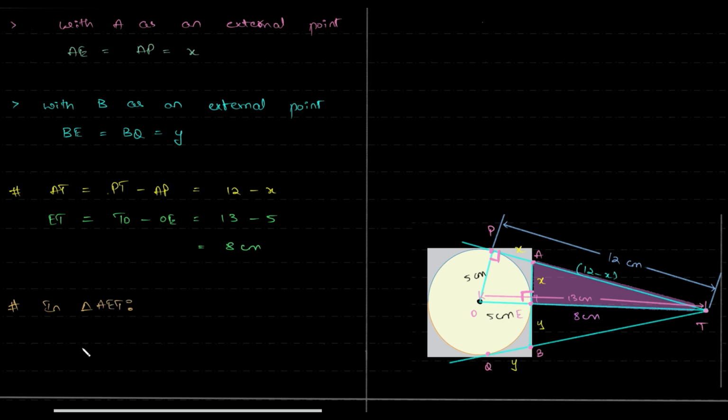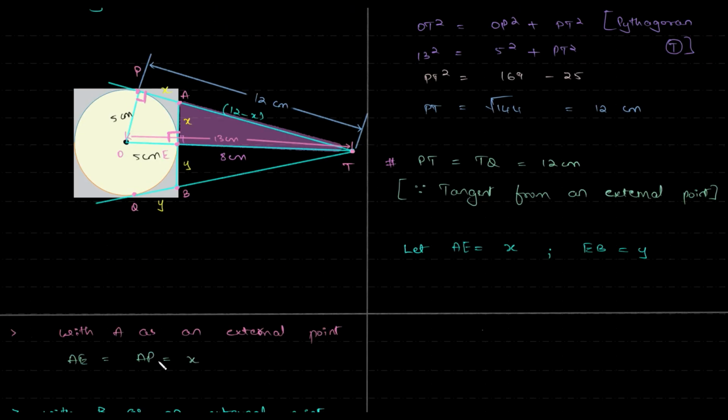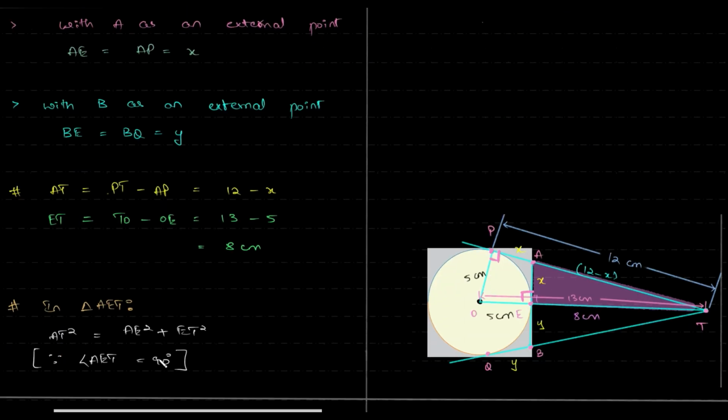So we have AT square, which is equal to AE square plus ET square. Reason being because angle AET is equal to 90 degree, and I think we already stated the Pythagorean theorem.